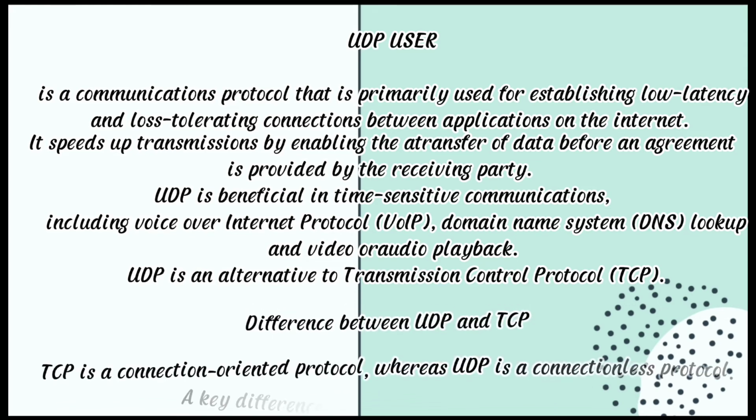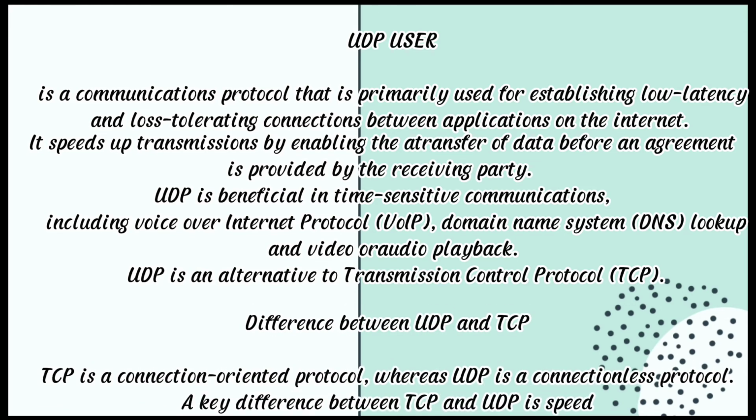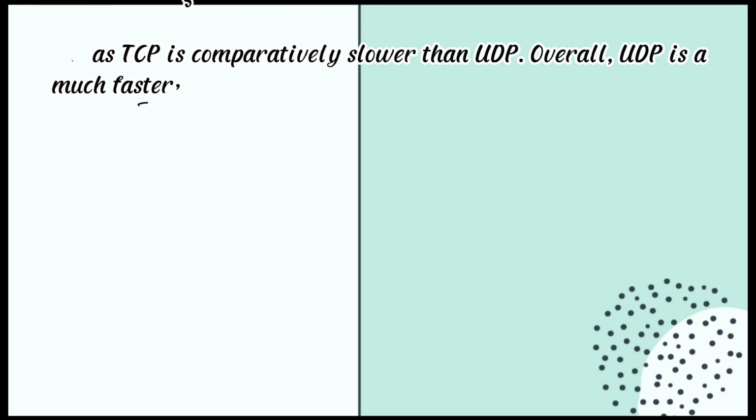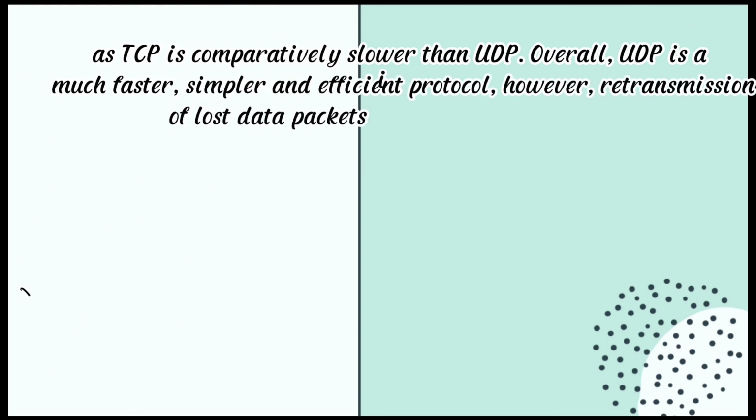Difference between UDP and TCP: TCP is a connection-oriented protocol, whereas UDP is a connectionless protocol. A key difference between TCP and UDP is speed, as TCP is comparatively slower than UDP. Overall, UDP is a much faster, simpler and more efficient protocol. However, retransmission of lost data packets is only possible with TCP.